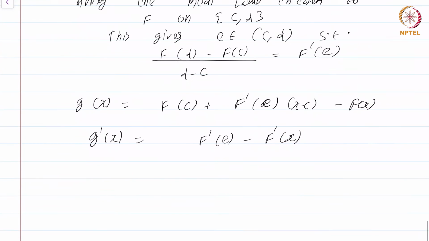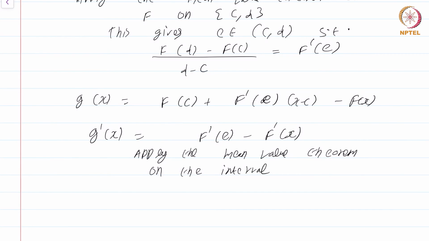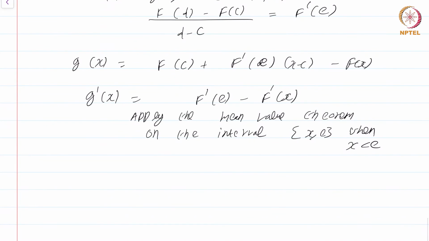Okay, now observe that E is in between the points c and d. So apply the mean value theorem on the interval (x, e) when x is less than e. Again, we are applying the mean value theorem again, which we can do because we know that the second derivative exists.